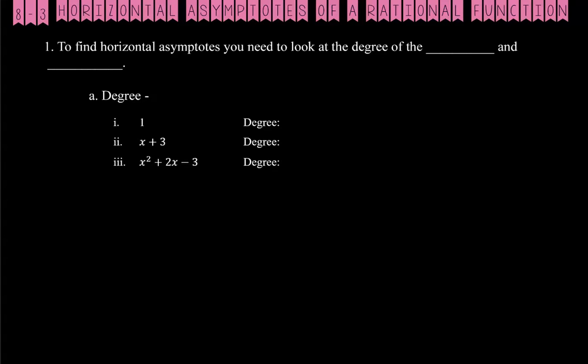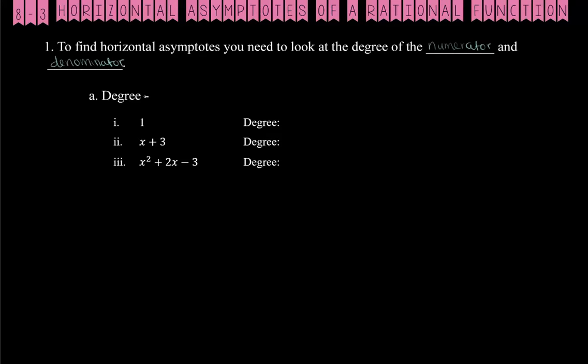So to find horizontal asymptotes, you need to look at the degree of the numerator and denominator. So remember, a rational function is just a fraction or a division problem involving two polynomials.